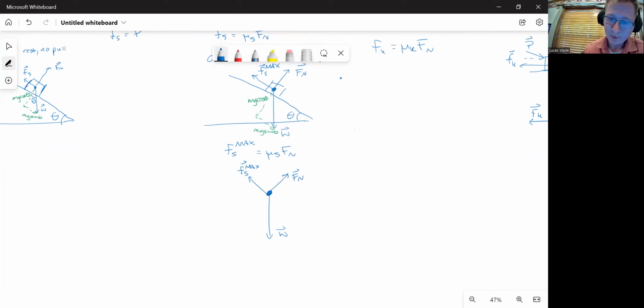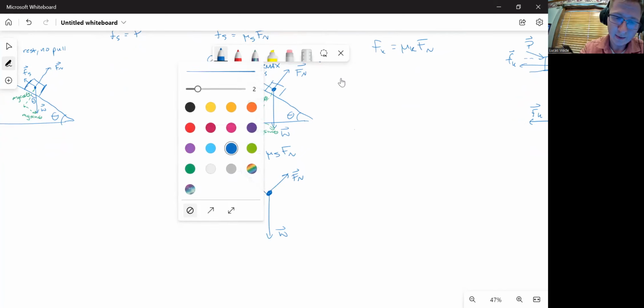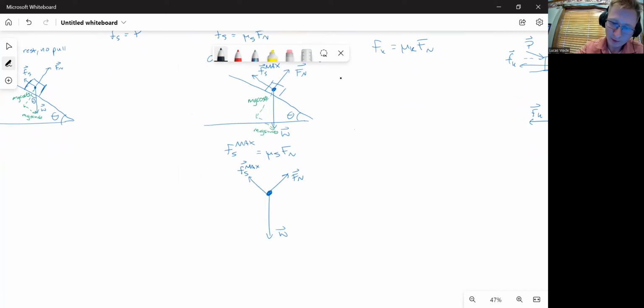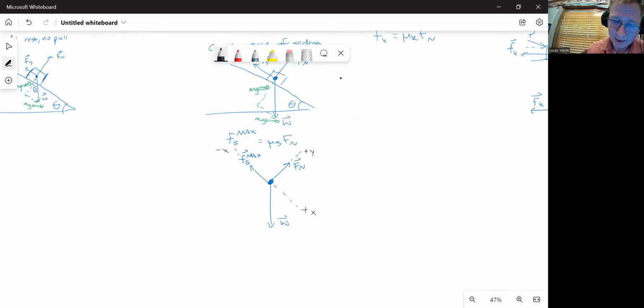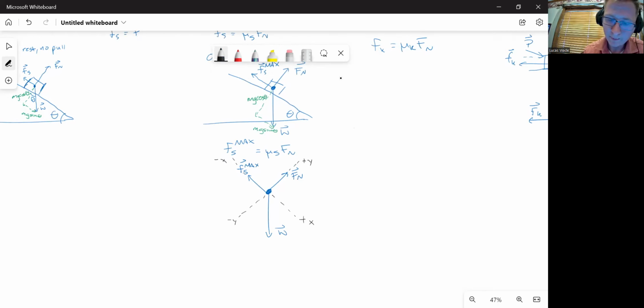So we said that we have a lot of forces acting parallel and perpendicular to this ramp. So that's where it's going to be convenient to define our X and Y axes. I'll call down the ramp positive X and up the ramp negative X, but that is entirely your choice. Call perpendicular outward from the ramp positive Y, and perpendicular towards the ramp negative Y.